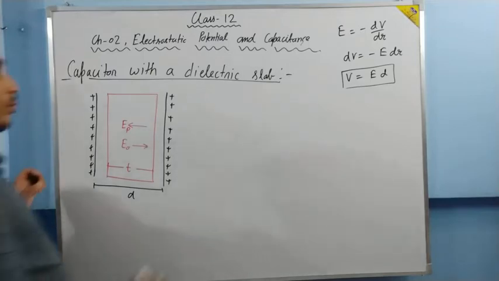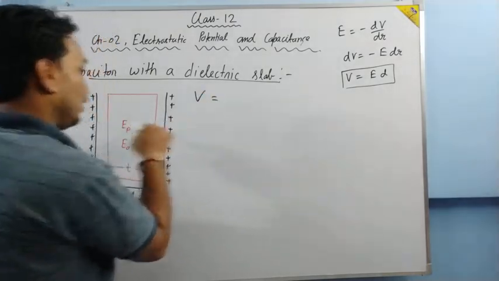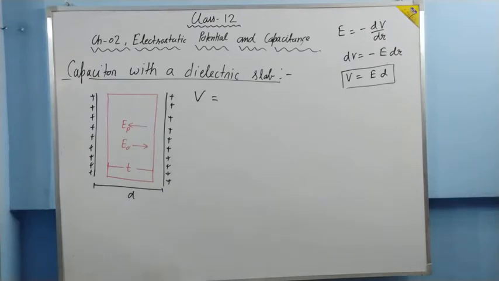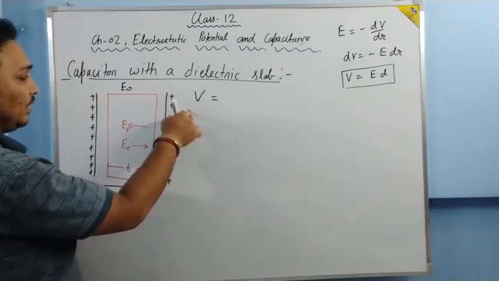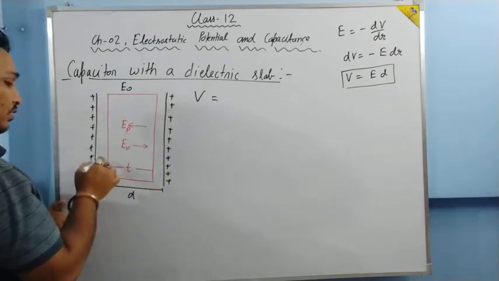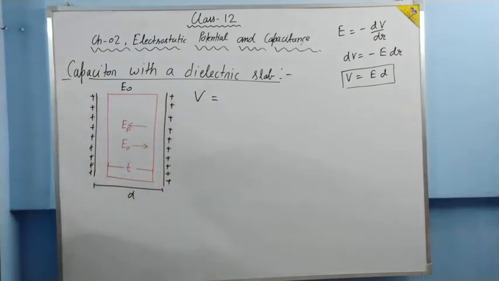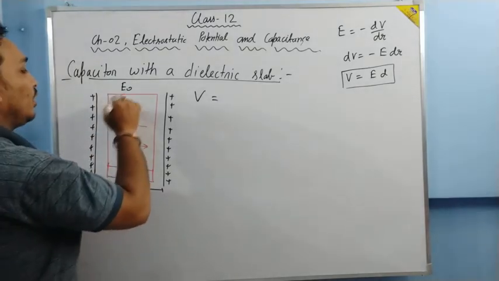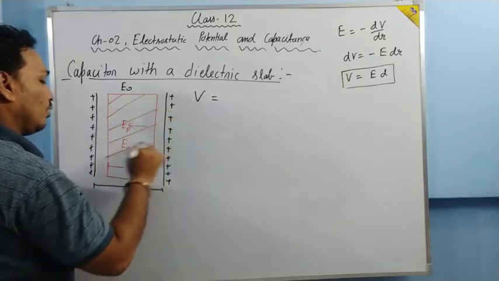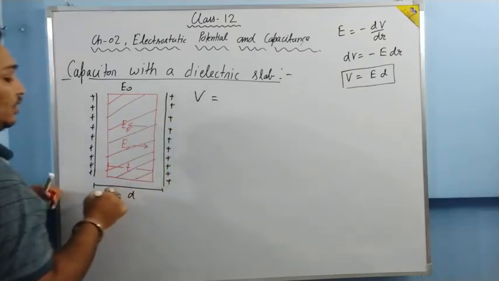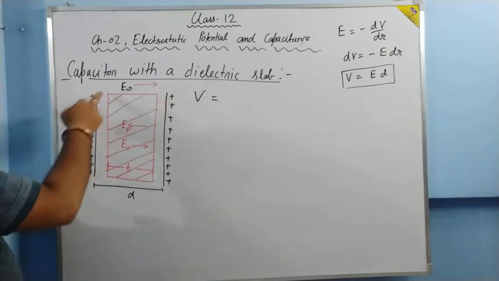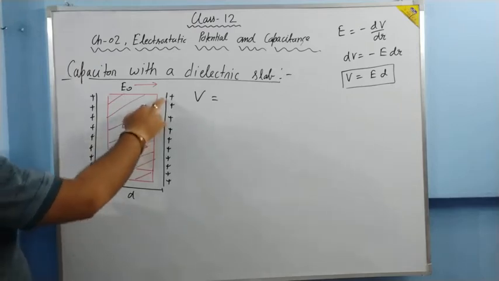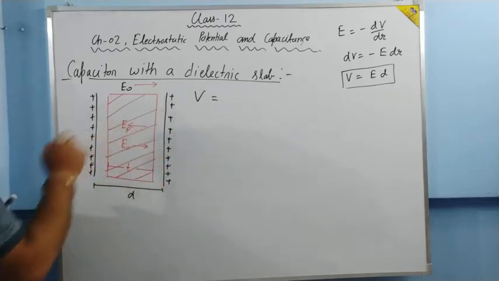Okay. So now the potential difference V between the plates will be, just try to understand, E naught, which is due to these plates, exists in the region where the dielectric slab is not there. Here is the dielectric slab. In this region the E naught is present, and its direction is this side. In this space, EP is not present.